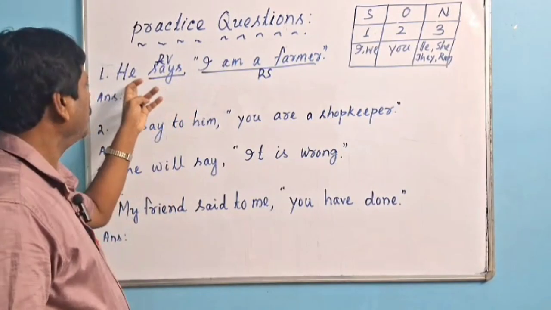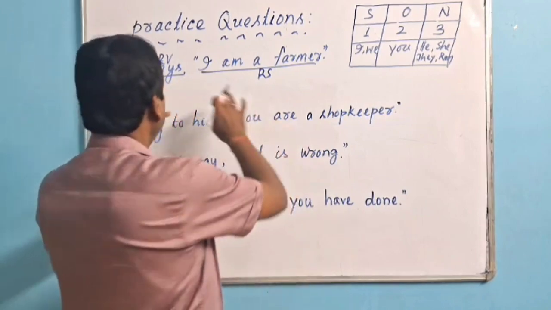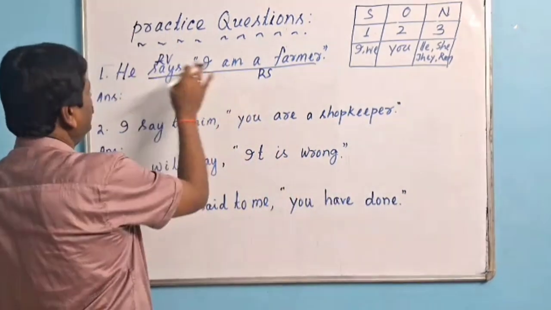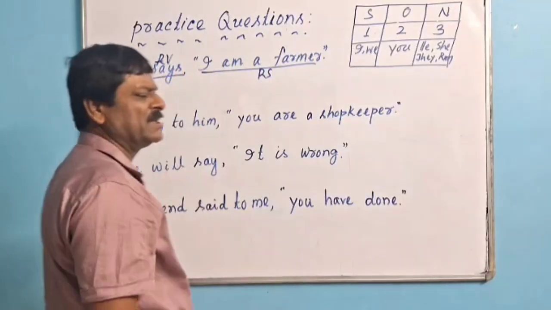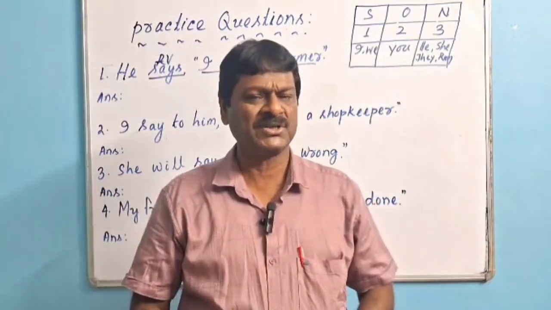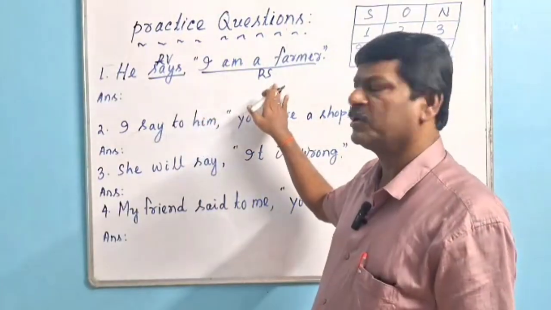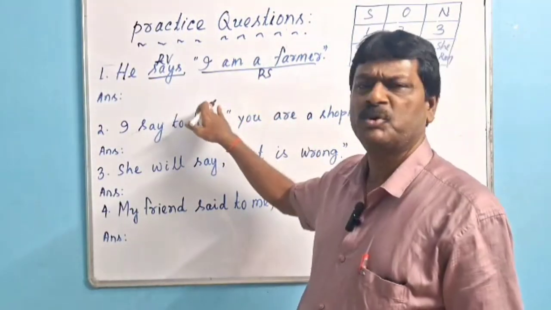This part is called the introductory clause. In the introductory clause, the reporting verb is in present tense. When the reporting verb is in present tense or future tense, the tense of the RS part will not change. It will remain the same, only the person will change.